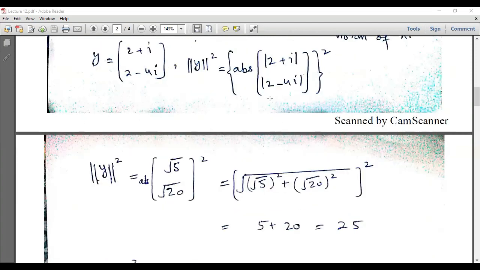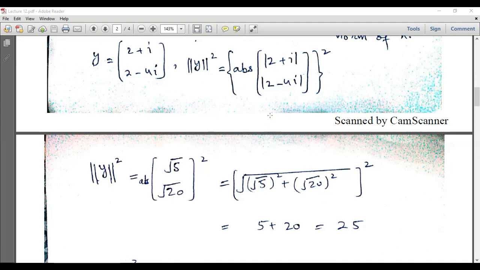So first evaluate the magnitudes of these two complex components, the magnitude of 2 plus iota and the magnitude of 2 minus 4 iota, and then evaluate the absolute value and take the square. That will give you the square of the second norm of y, right? The magnitude of the first component will be equal to the square root of 2 square plus 1 square, so that will be the square root of 5. The magnitude of the second component will be equal to the square root of 20.